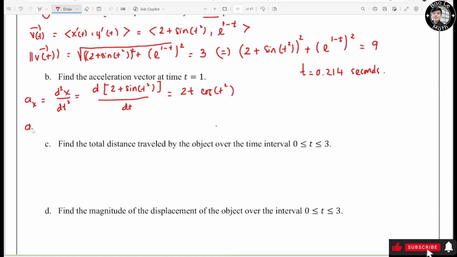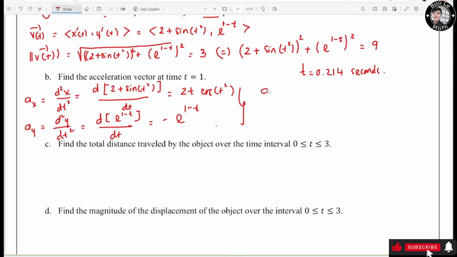Now a sub y is going to be d squared y over dt squared, right? So it's going to be d of e to the 1 minus t over dt, right? So it's going to be negative e to the 1 minus t, right?